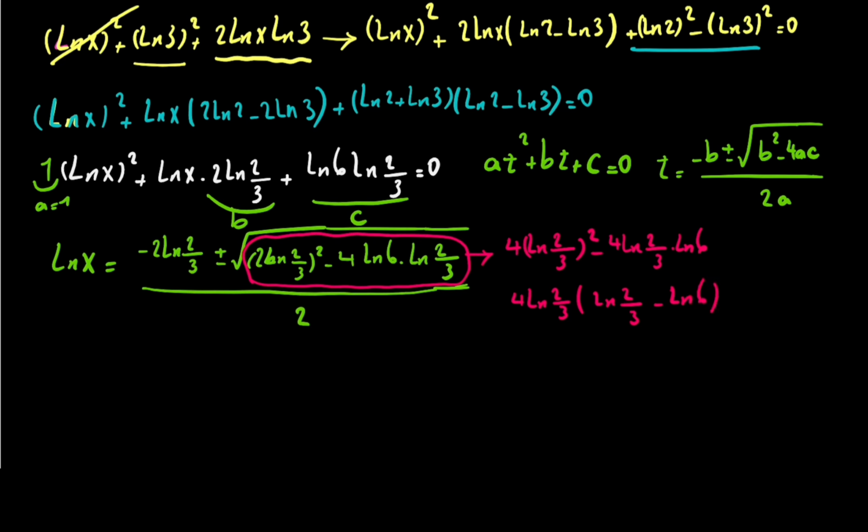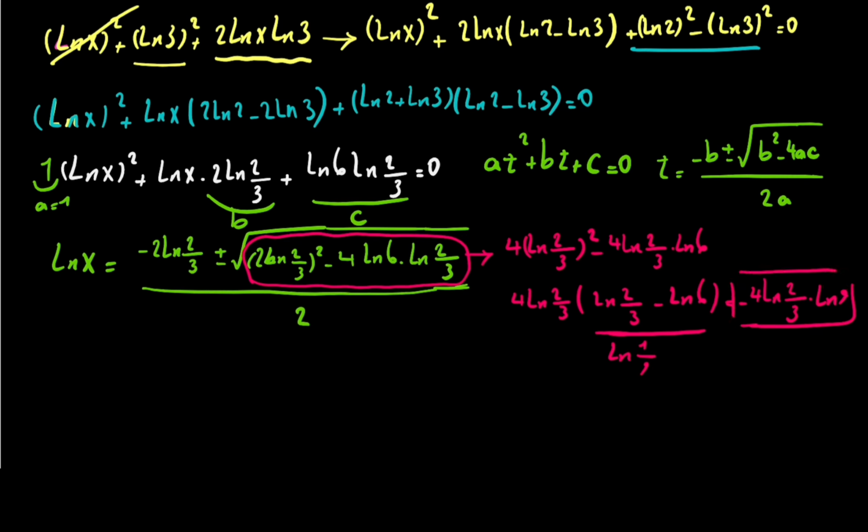So according to that point that I told you, it will be equal to ln of 2 over 3 divided by 6. That's equal to 1 over 9. And of course, you can write it as minus 4 times ln 2 over 3 times ln 9.